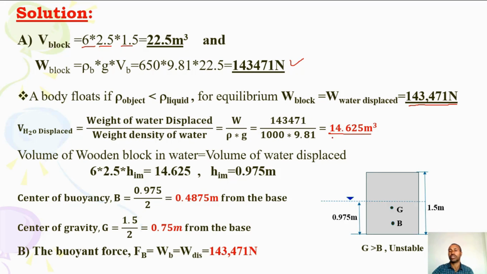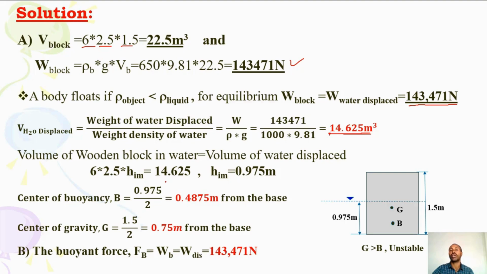The volume of the block in water is equal to the volume of water displaced, so you can cancel g. So 6 times 2.5 times the height immersed is equal to the volume of water displaced.